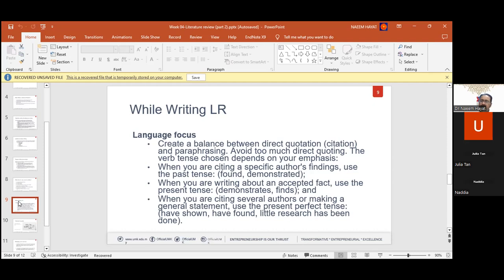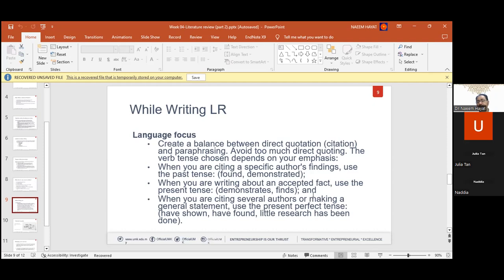So avoid too many direct quotes, and use the verb tense intelligently. When you are citing a specific finding, a previously established fact, use the past tense. A scholar already demonstrated or established that there is a significant positive effect. It is already established, so use the past tense.